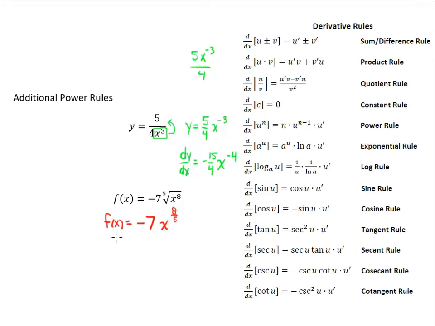And now that I've written this, notice I haven't done any calculus yet, just rewriting some stuff. Now it is ready to do the power rule. So I can take the derivative, f prime of x, and I get negative 7 times 8/5 is negative 56/5 x. And then I need to subtract 1 from the exponent.